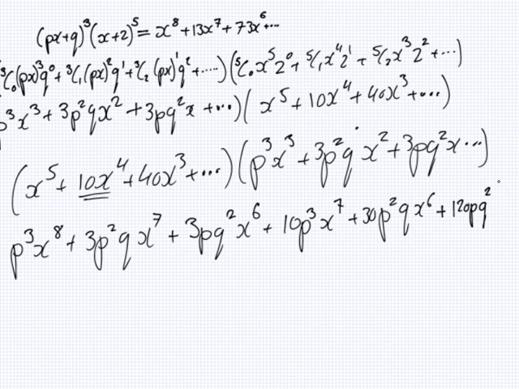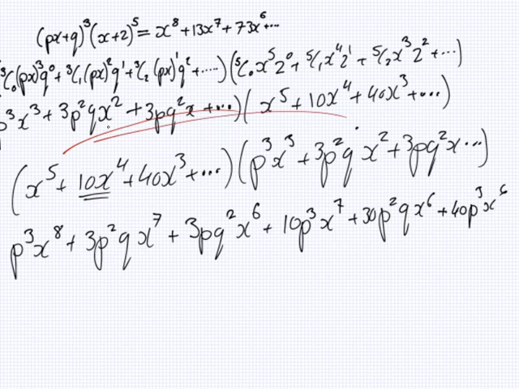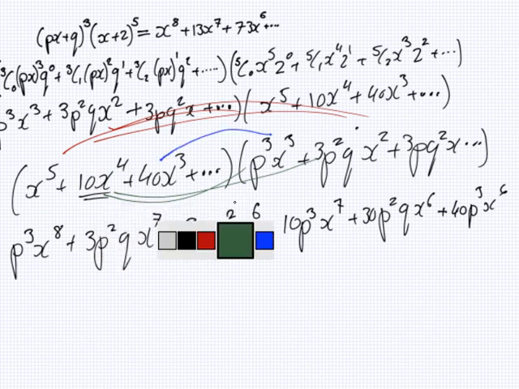Oh, hang on, I can't fit it in. Plus 40p^3 x^6. There we go. So I took this one, multiplied it by all three. Then I took the blue one and just multiplied it by the first two is enough. And then the last one here was just multiplied by the first one.